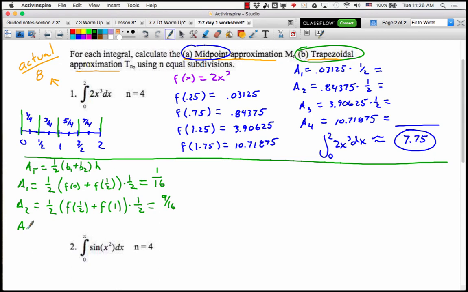And then area 3, 1/2 times f of 1, because we're going to be here and here now. So f of 1 and then f of 3 halves, times the height, which is a half. That's your distance between them.